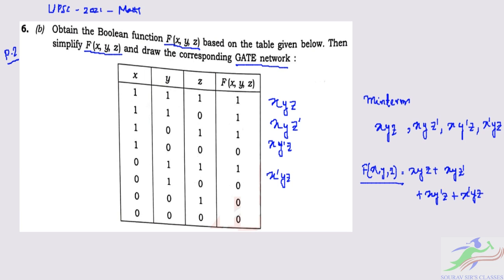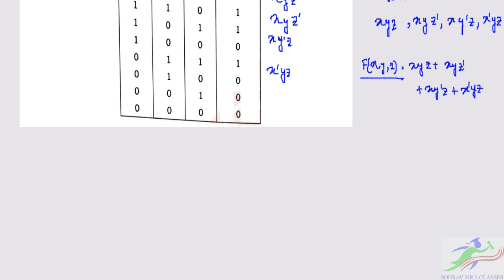If we simplify this further, f of x, y, z is equal to, taking xy common from the first two, z plus z bar, plus xy bar z and x bar yz.